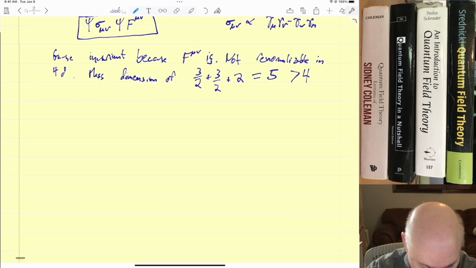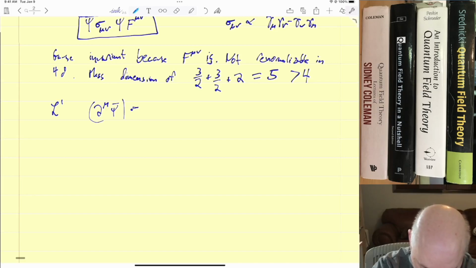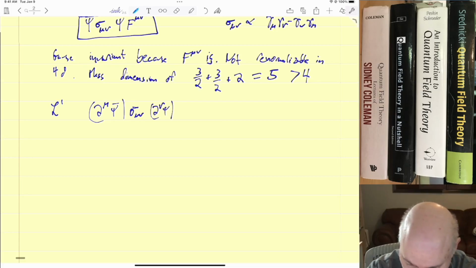how's a better way to understand that? And one of the ways to understand it is, if you look at something like, let's say you look at a term. It's easy to imagine a term like this. And if you integrate that by parts, you would end up getting this.